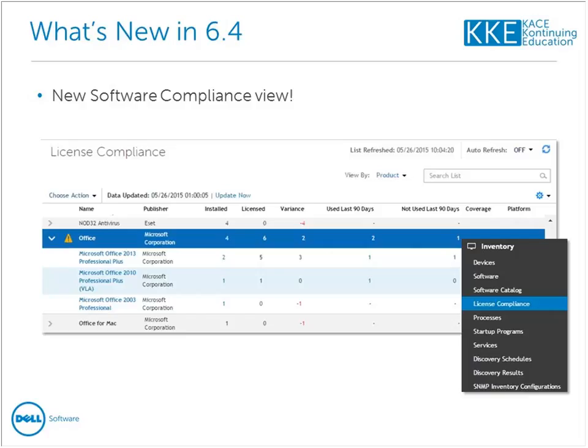But we're going to be rolling up even more. Here's all of your Office licenses, and you can see it's been expanded out, like an accordion. And you can see here's the total number of installed licenses that we have for Office, but then a breakdown underneath that.